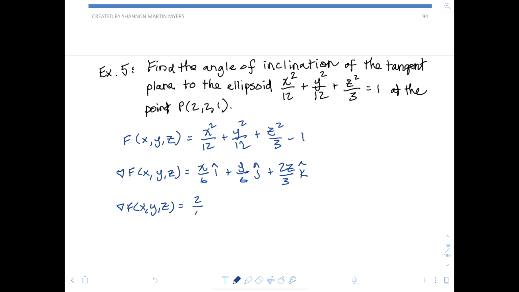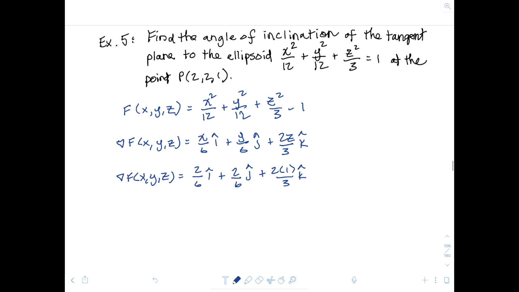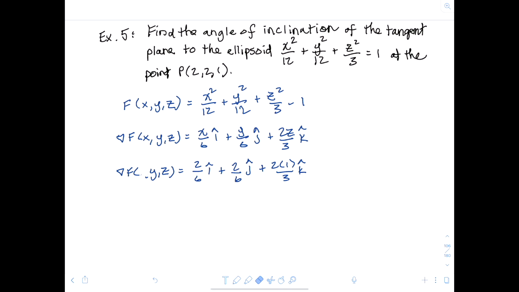We'll have 2 over 6 times i plus 2 over 6 times j plus 2 times 1 over 3 times k. Sorry, that was at the particular point 2, 2, 1. So we will have del f at 2, 2, 1 is 1/3 i plus 1/3 j plus 2/3 k. Cool so far?